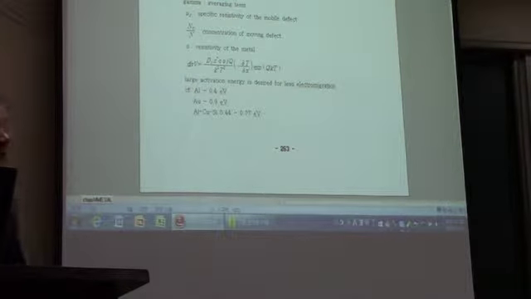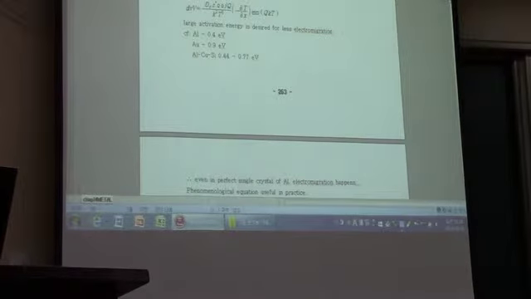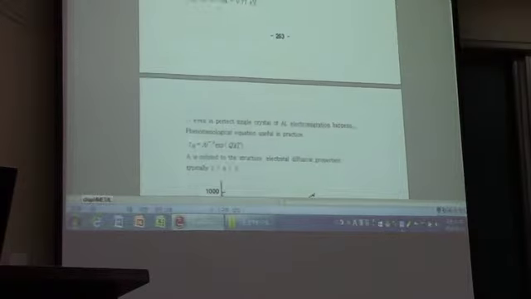So 0.77 is reasonable, close to gold. So we can prevent electron migration to a certain point with the addition of copper. Now, how much copper should we put in there?